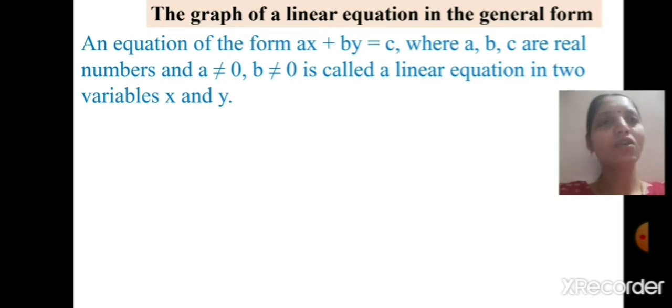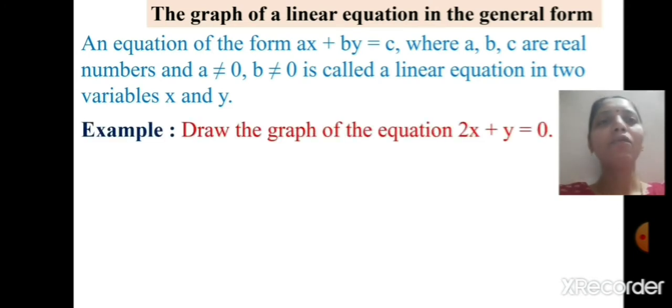Let's see one example for better understanding. We will draw the graph of the equation 2x plus y equals 0. This equation is in the form ax plus by equals c, where the value of a is 2, the value of b is 1 and the value of c is 0.